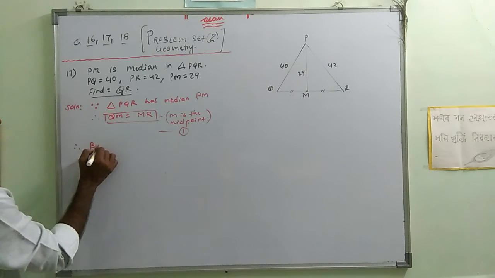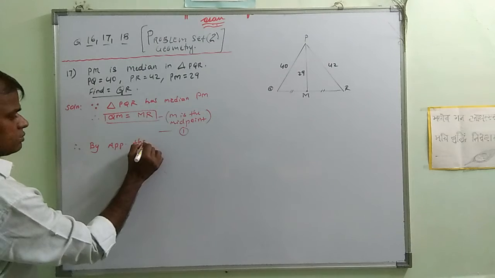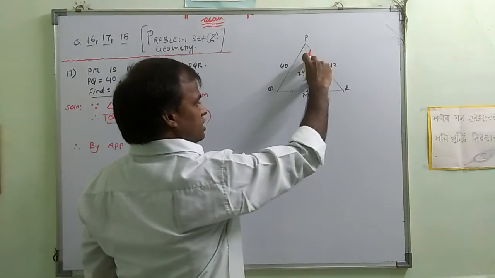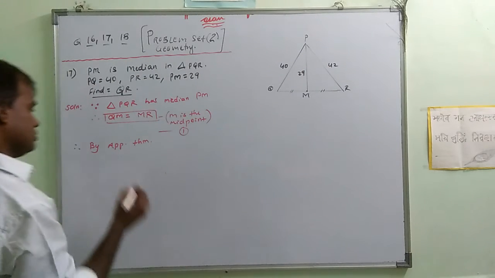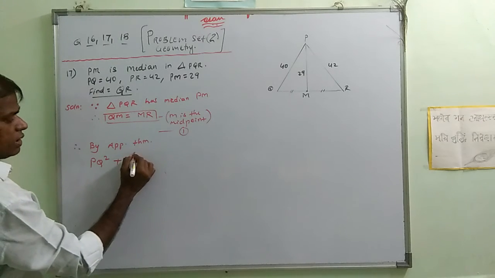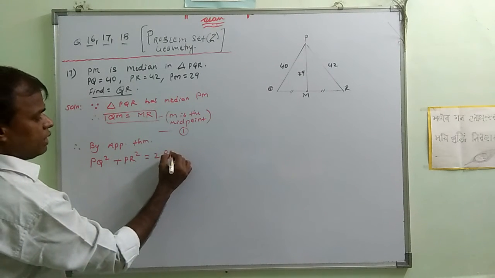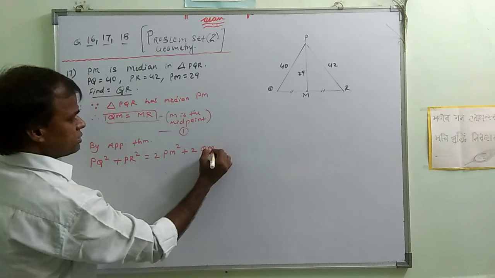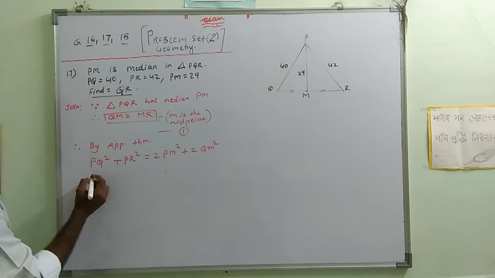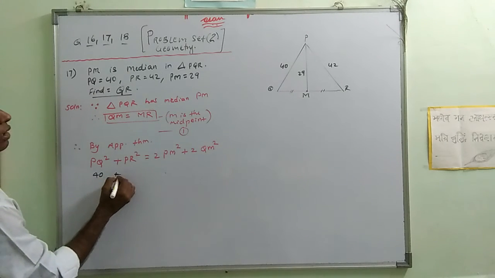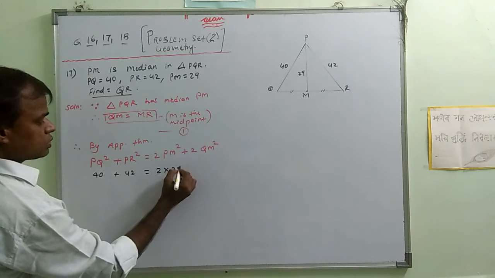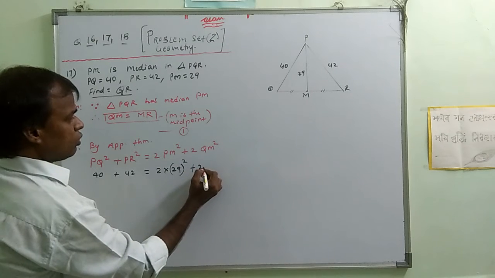Therefore, by Apollonius theorem, this square plus this square equals 2 times this side square plus 2 times this side square. PQ square plus PR square equals 2 PM square plus 2 QM square. PQ is 40, PR is 42, 2 PM is 2 into 29 square plus 2 QM, which we don't know.